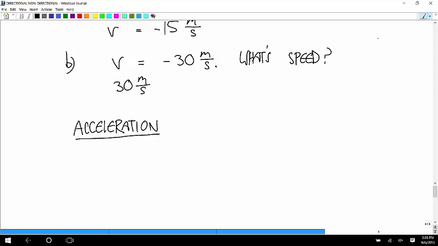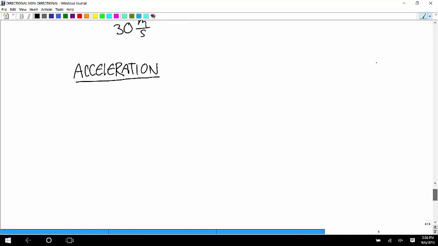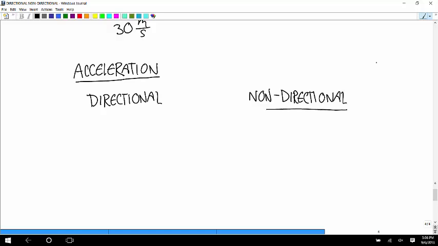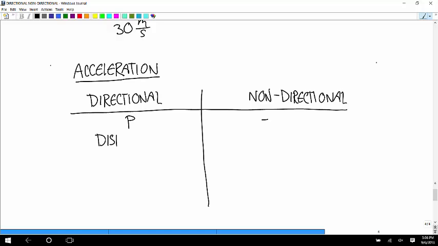So the last quantity we have to talk about, the last directional quantity, is acceleration. And if we're talking about directional versus non-directional, we have position, we have displacement, and displacement is related to the non-directional quantity distance.